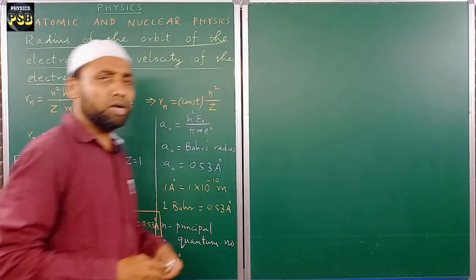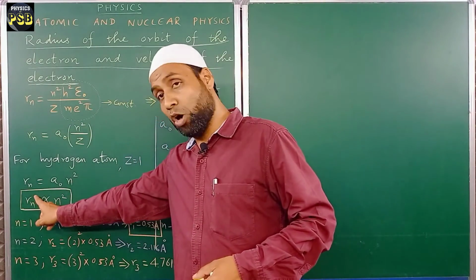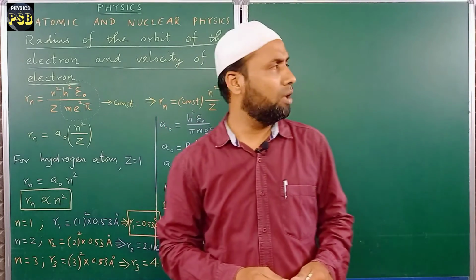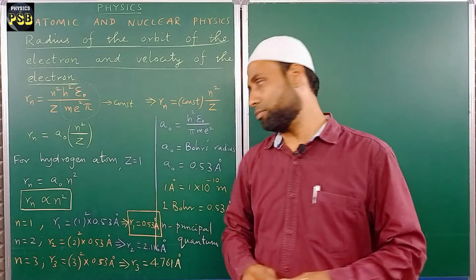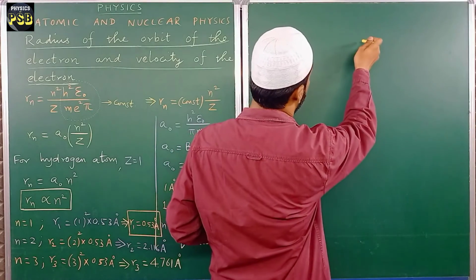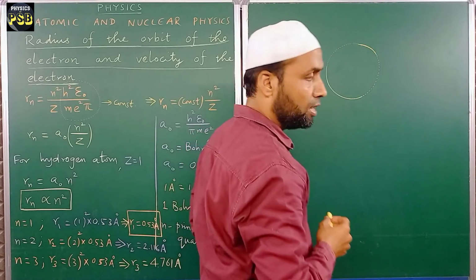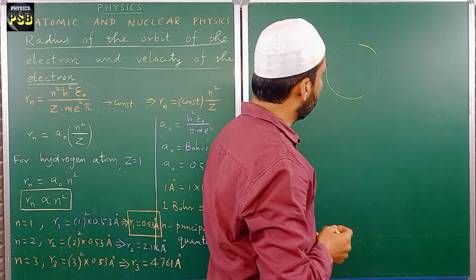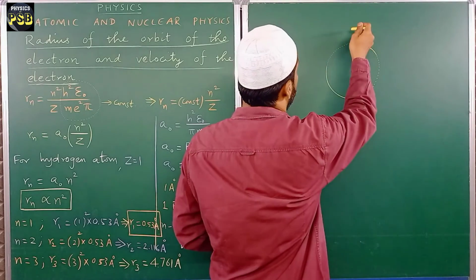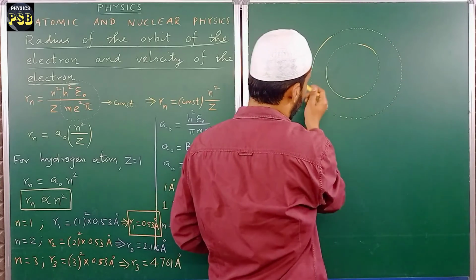Let me show the relation between radius of the orbit and the principal quantum number with the help of a diagram. This I take as an orbit in which electrons are revolving. This is another orbit.